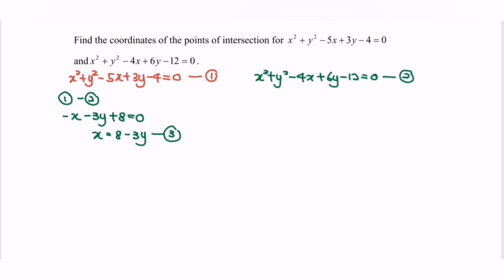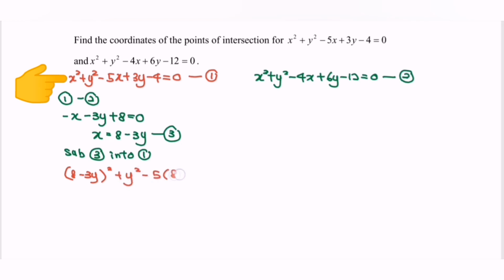So kindly substitute the third equation into the first equation. And we will have (8 minus 3y) squared plus y squared minus 5 multiplied by (8 minus 3y) plus 3y minus 4 equals 0.